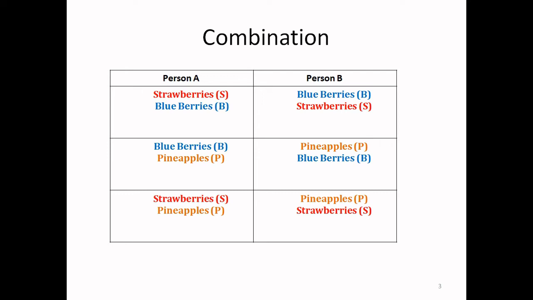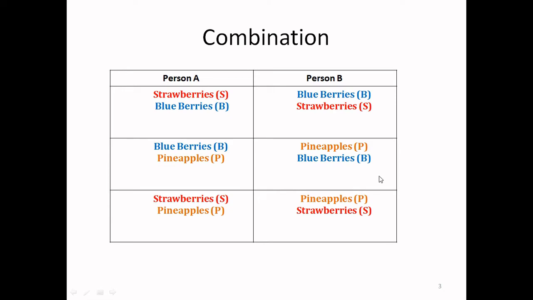Likewise, they can do with blueberries and pineapples. Let's say person A decides to prepare the fruit bowl using blueberries and pineapples, and person B also makes use of that. But again, the order is different.